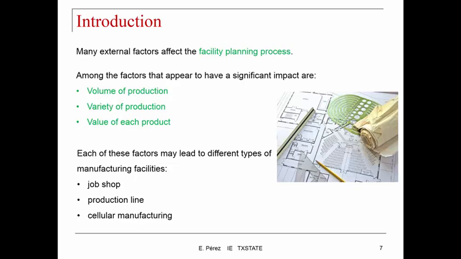And there is the value of each product: producing very expensive products versus something that does not cost as much means you have to take different things into consideration. Each of these factors may lead to a different type of manufacturing facility. For example, you will end up with a job shop, a production line, or probably a cellular manufacturing type of production line.